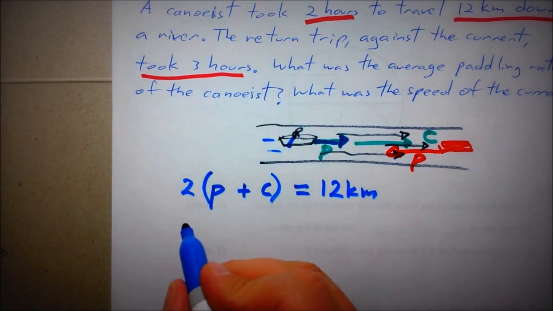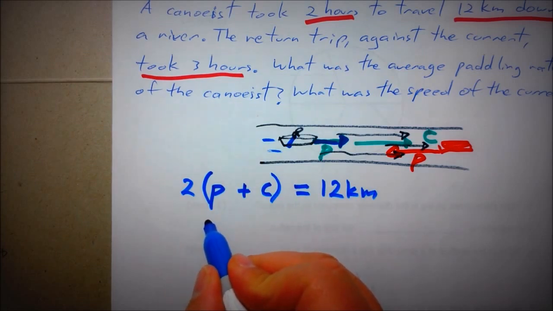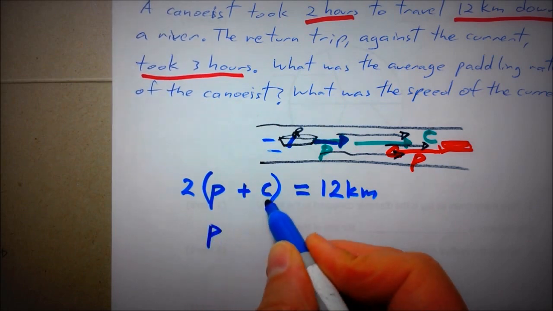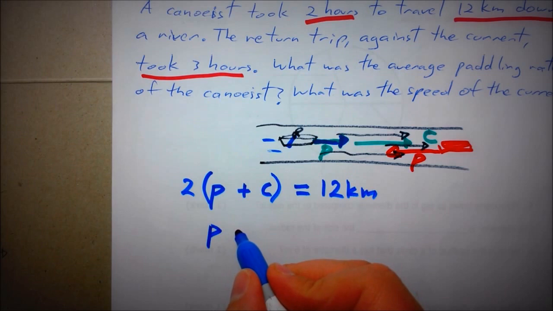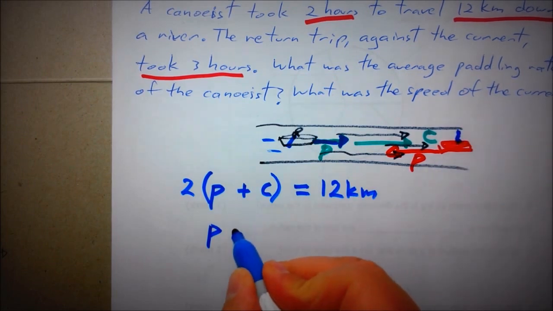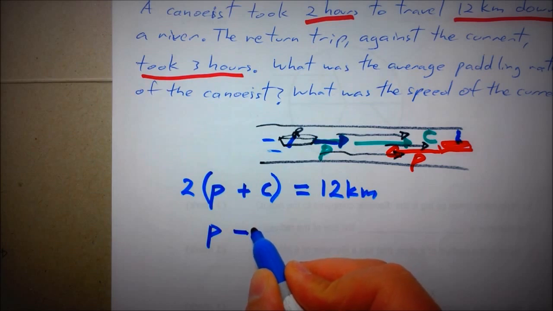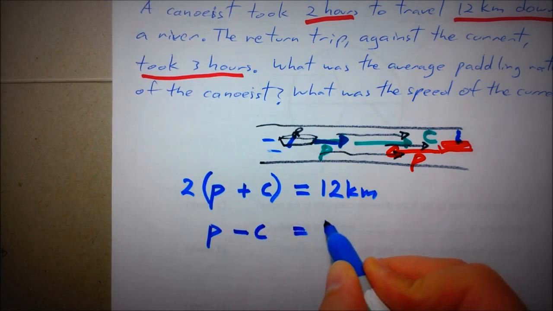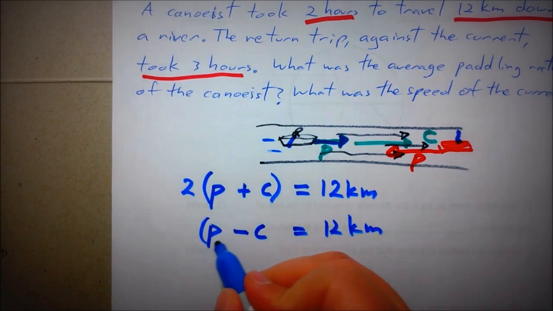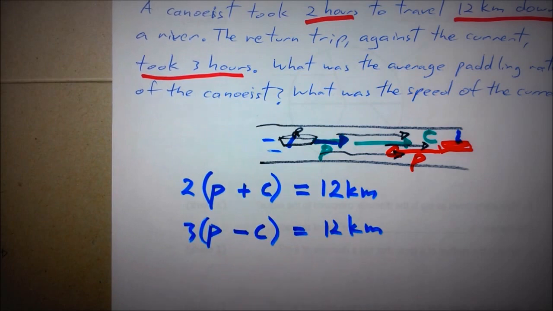We can say that he was paddling, but the current was going in the opposite direction to the paddler. We can show that with a minus sign. He traveled the same distance, 12 kilometers, but this time it took him 3 hours. Okay, so that's our second equation.